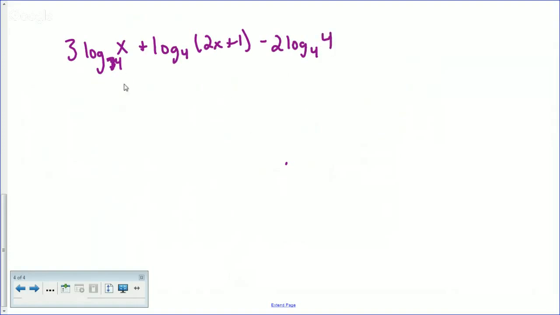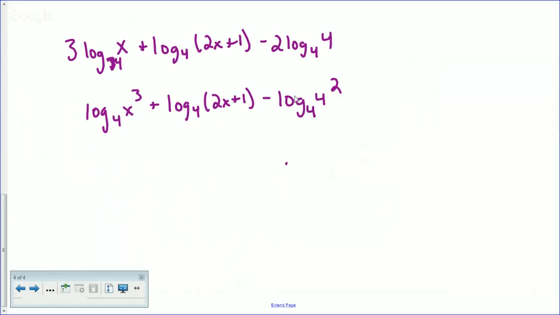Okay, so we want to get rid of coefficients first. So I'll take the 3 and the 2 to the top. So I'll have log base 4 of x to the third plus, I don't have anything there to bring up. And then minus log base 4 of 4 squared.